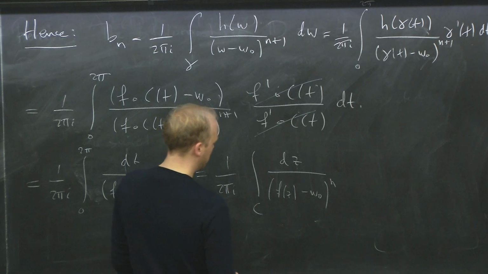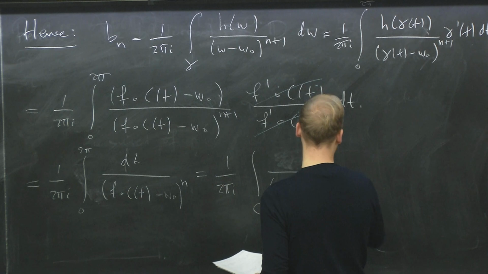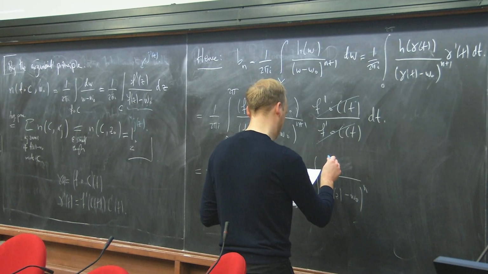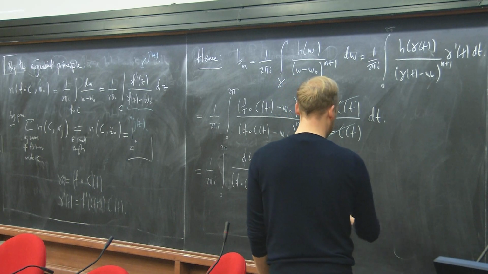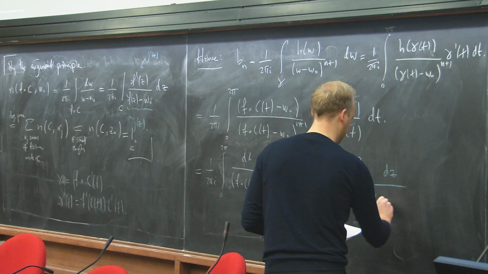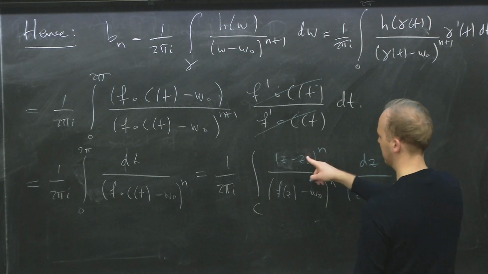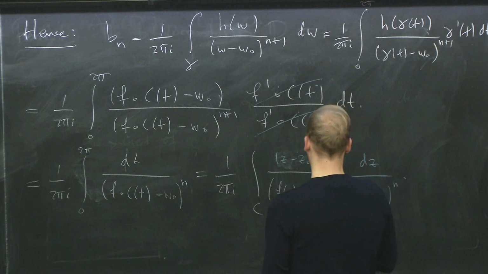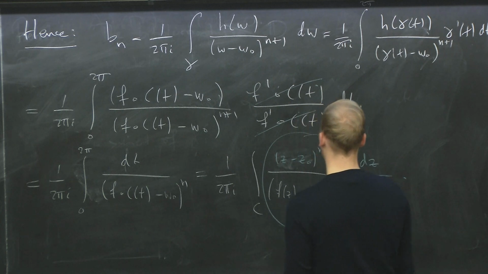And then I'm going to use this trick where I multiply and divide by the same thing. So I write this as (z minus z0) to the n divided by this, and then I have to multiply by dz divided by (z minus z0) to the n. So I've just multiplied by 1. But the point now is that I want to study in more detail this function, which is here.